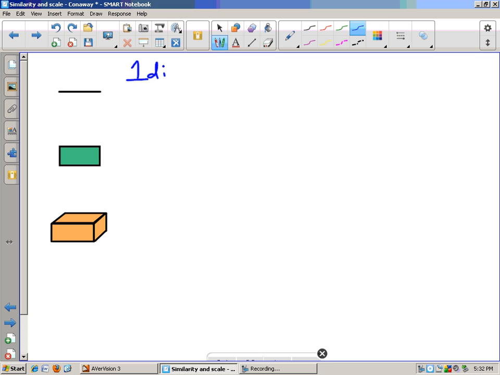the one-dimensional, what are one-dimensional measurements? Well, there's a few of them. Length. And that includes width and height and depth and all that stuff, but length in general. Perimeter. Perimeter is just the sum of a bunch of lengths.